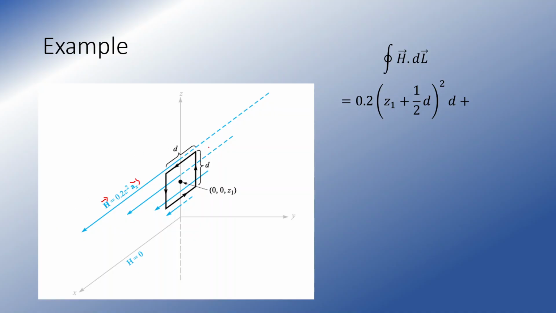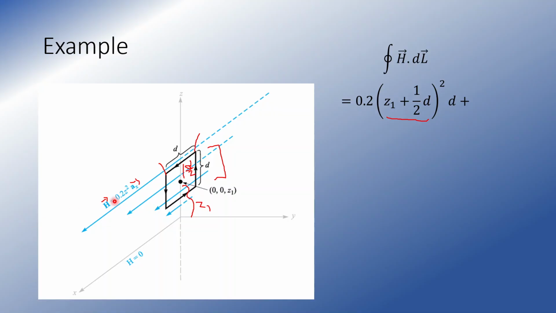This is z1, and this entire term is d, so from the center to this one becomes d divided by 2. This top path is present at a height of z1 plus d divided by 2. So this will be the value for z in this particular equation.